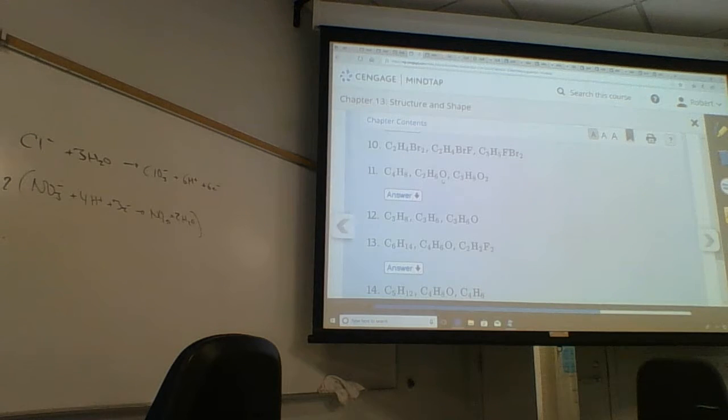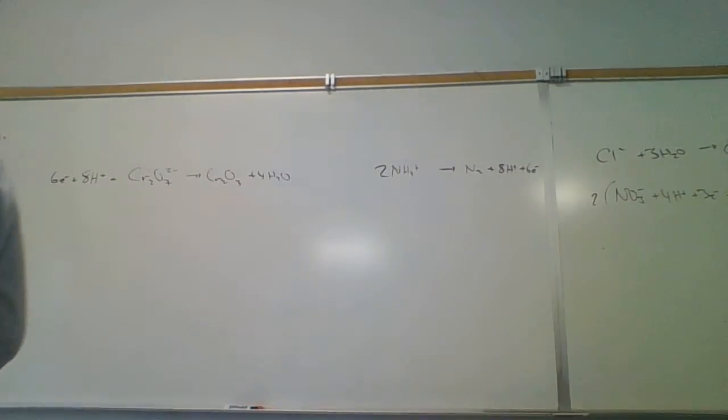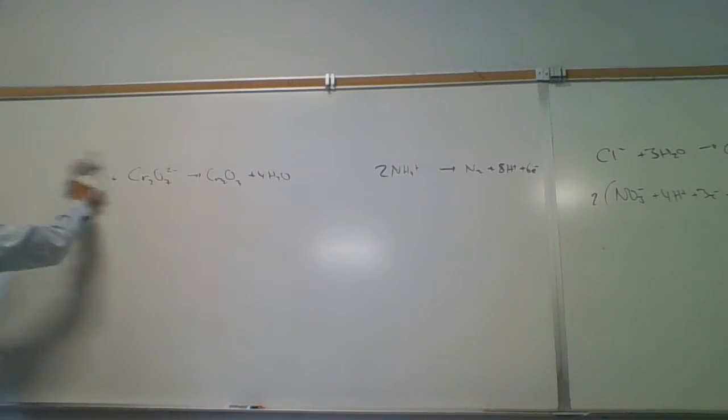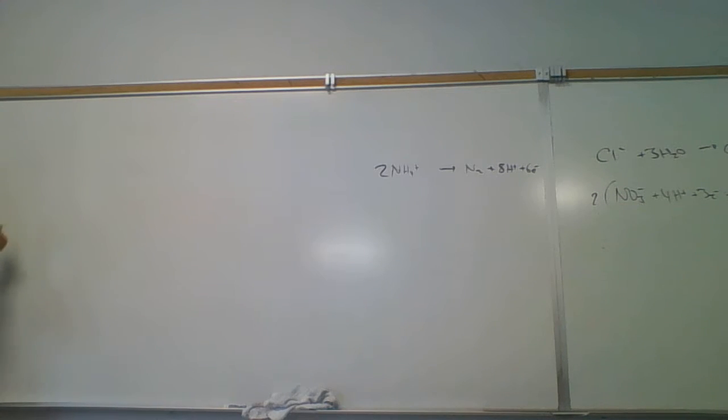So we left off with C2H6O, correct? We got C3H8O2. Is that right? For organics, we can do them a little differently. What we do is like C3H8. So C3, we just make a 3-carbon chain, like that.